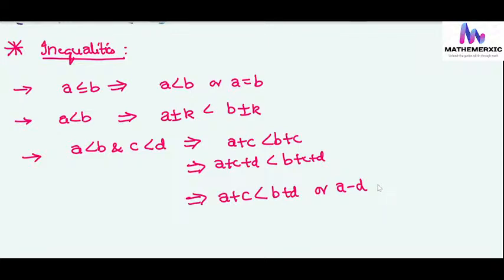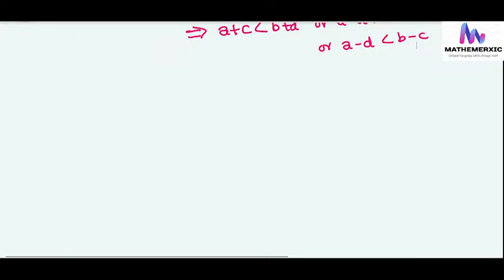A minus D is less than B minus C. So adding minus D both sides, this will become like this, and logically we can say this.